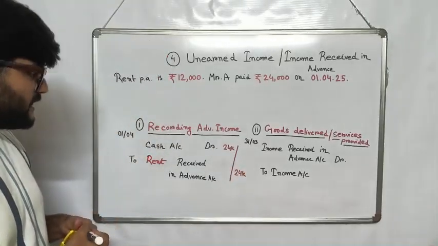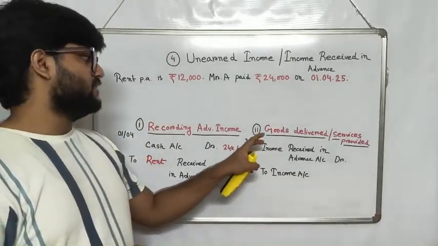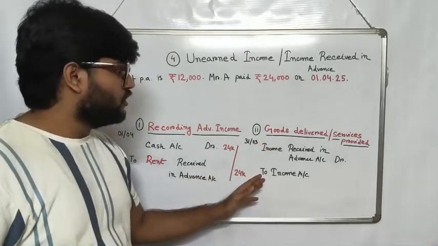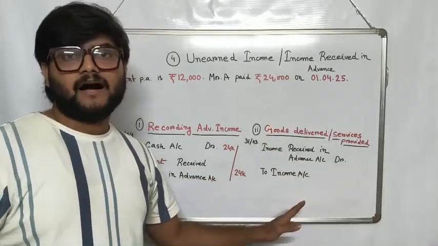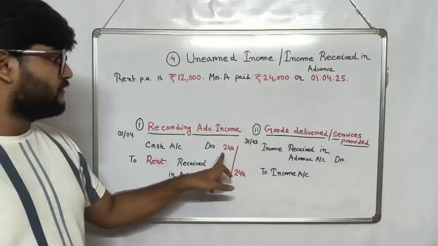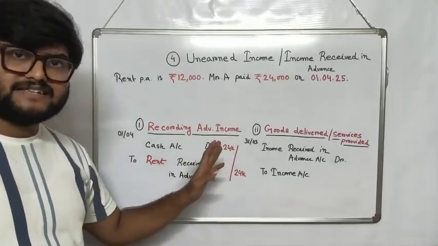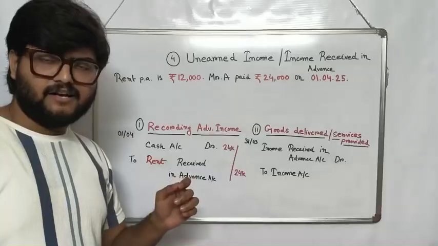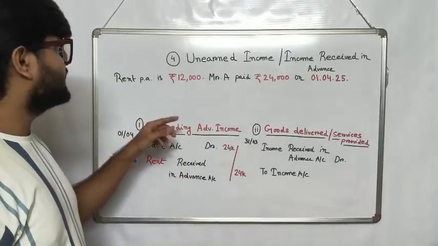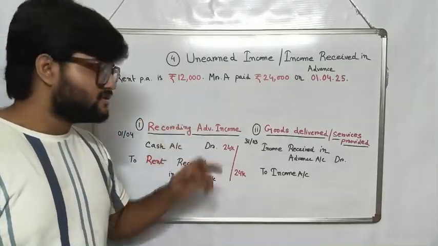Now at the end of the financial year, we will only show the relevant part of the income from this 24,000 advance we have received. The relevant part for this year is rupees 12,000.